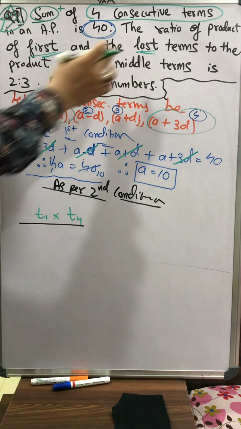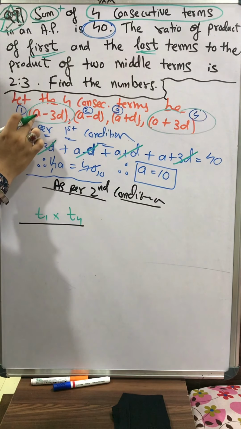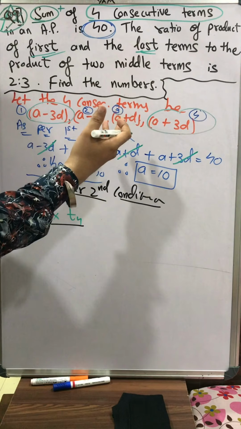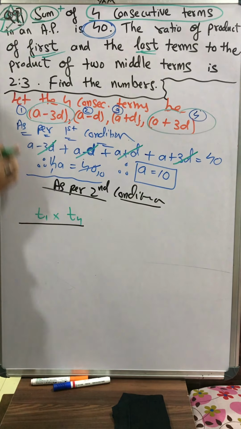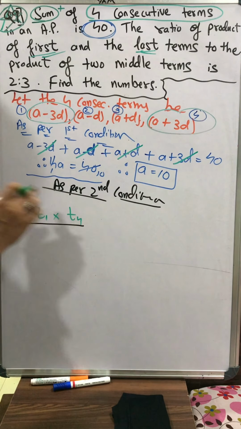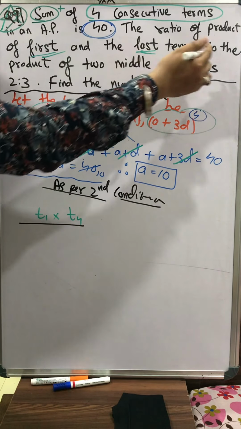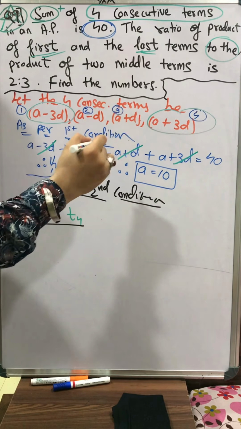Once again, the ratio of the product of first and the last term. My first term is a minus 3d. My last term is nothing but my fourth term because I have 4 terms. So t1 denotes the first term, t4 denotes the fourth term. Product of t1 and t4. Here 'to' means the upon sign, the ratio sign.